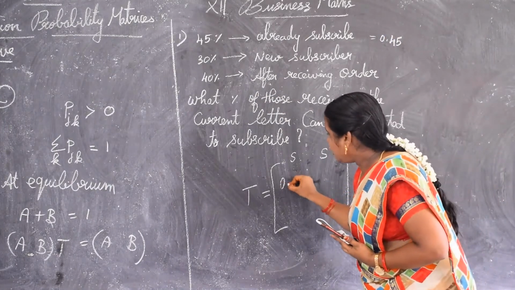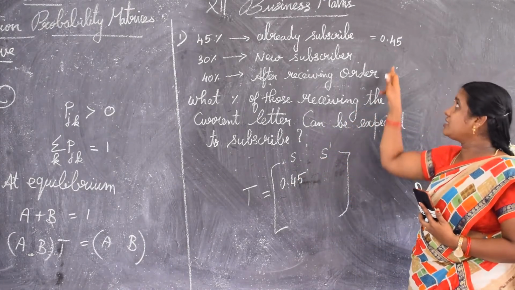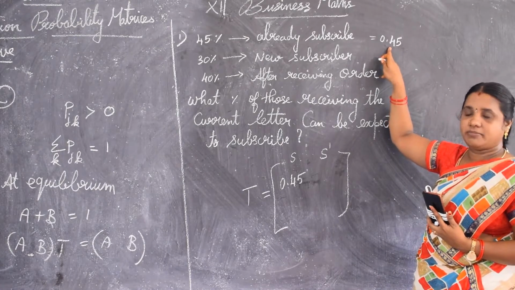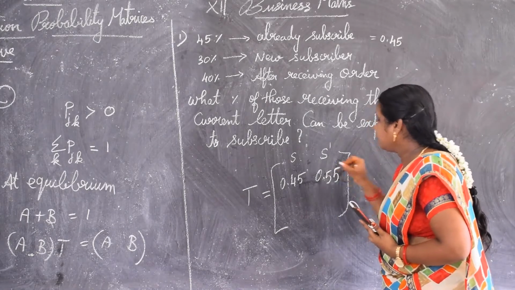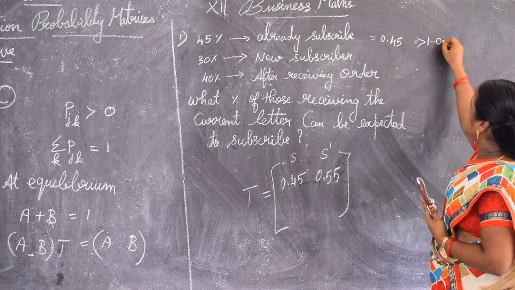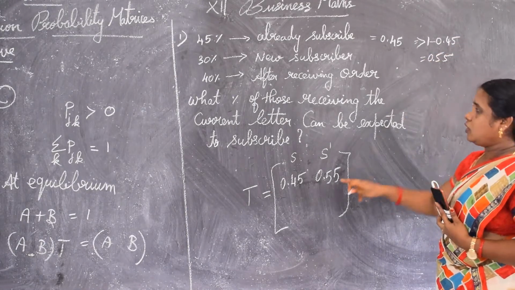Not a subscriber means you have to subtract this from 1. 1 minus 0.45, our answer is 0.55. Not a subscriber.